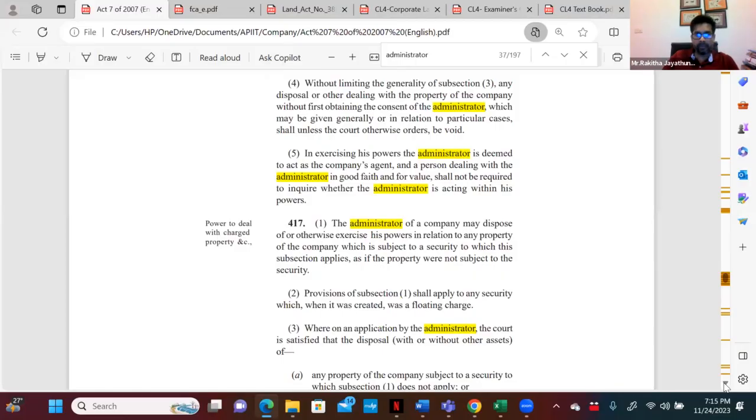And look at this one. The administrator of a company may dispose or otherwise exercise his powers in relation to any property of the company which is subject to a security. This is also a power.